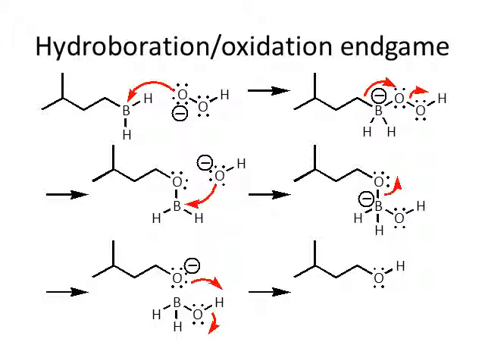Here I show the mechanism for that process. I won't go through this in depth. I won't hold you responsible for the second half of this process in any depth at all, aside from knowing that the basic hydrogen peroxide replaces the boron with an OH. Here's how it happens. You can look through this at your leisure.